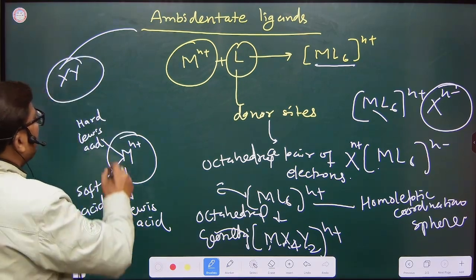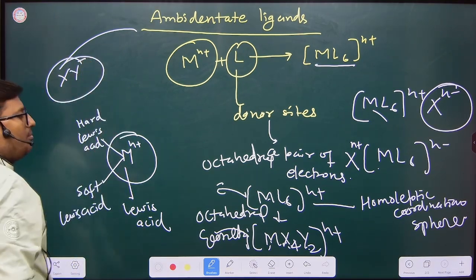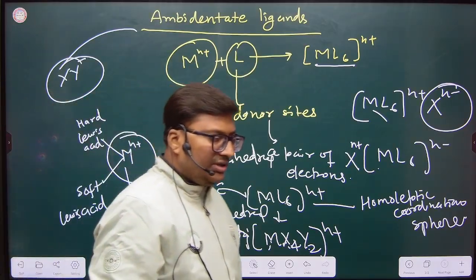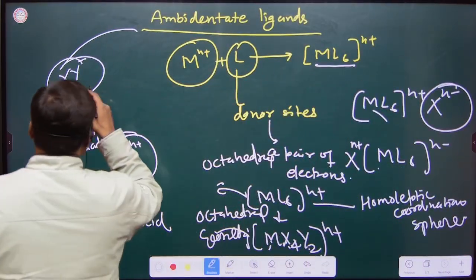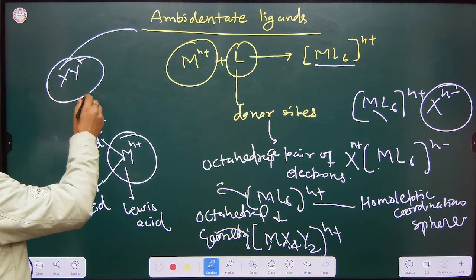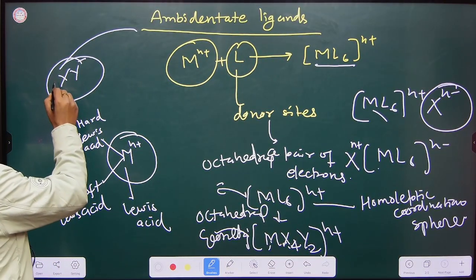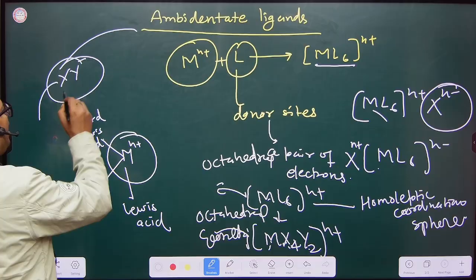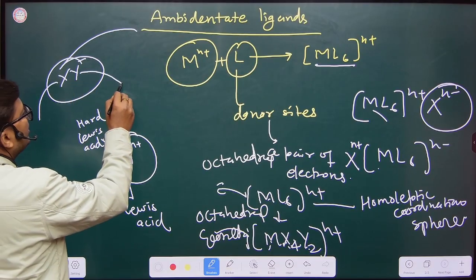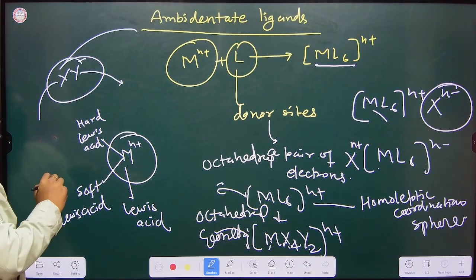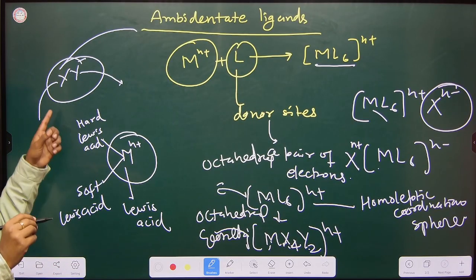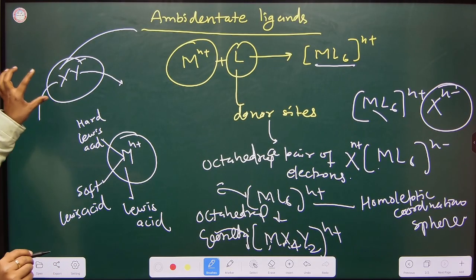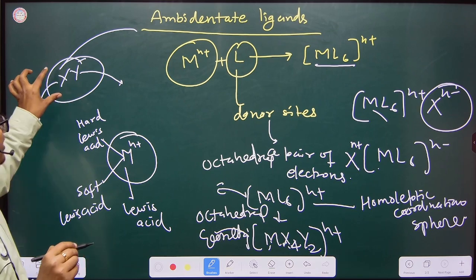If this is anionic, so XY minus, this kind of ligand actually has a choice. Either it can bind with this side, or it can bind with this side, with a particular metal or Lewis acid. So they have a choice. This is called an ambidentate ligand.